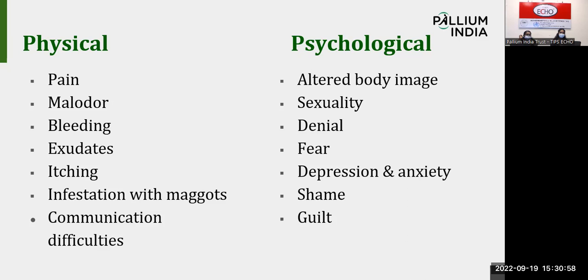Sometimes the tumor compresses the adjacent nerves and blood vessels, and then the patients develop neuropathic pain. Another thing is that dressings adhere to the wound, so if we try to remove the dressings before soaking the wound, the patients can develop pain. These are the three ways patients can develop pain.